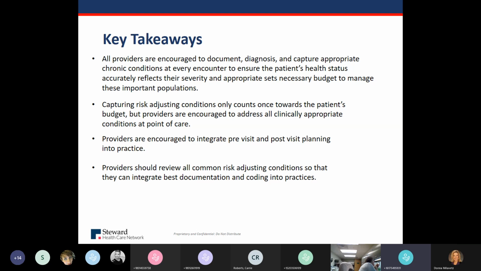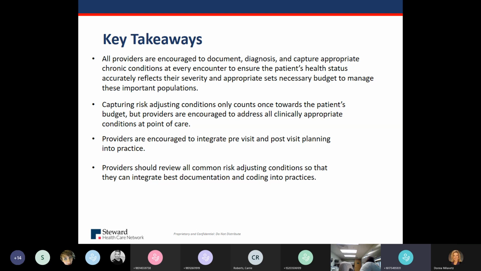It only counts once per year toward the budget. And providers are encouraged to integrate pre-visit and post-visit planning into their practice, whether that be the MA or someone else, just to make sure that the provider is aware of what conditions are chronic that we know need to be addressed.